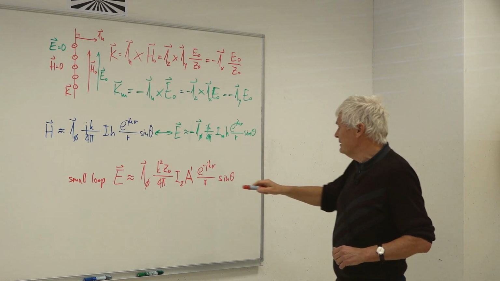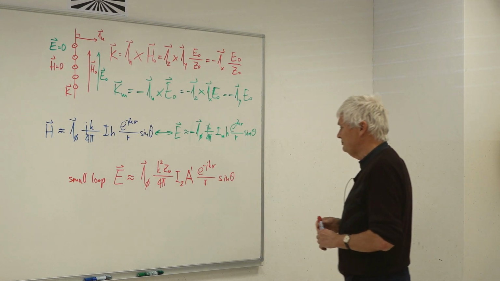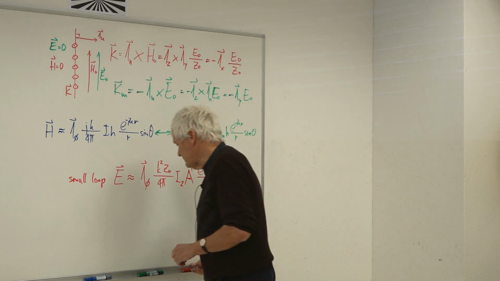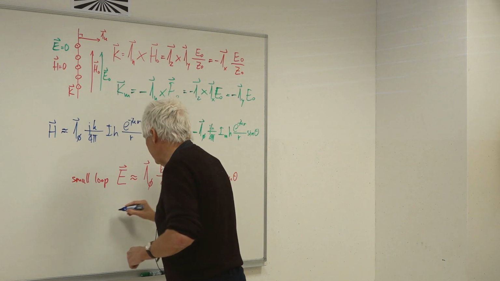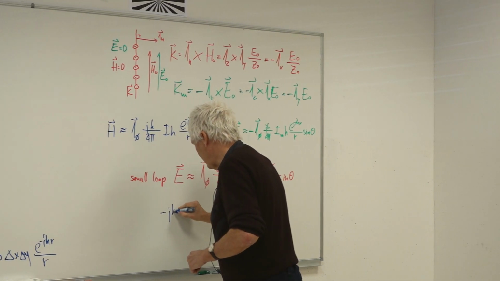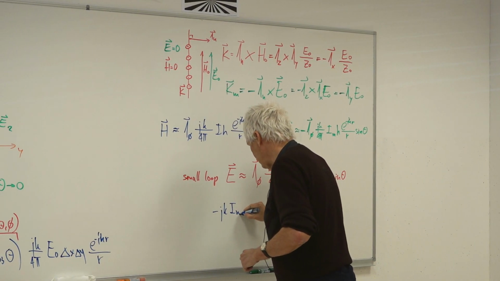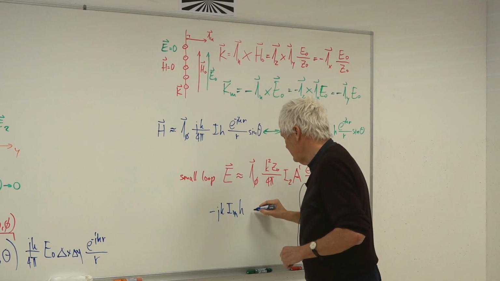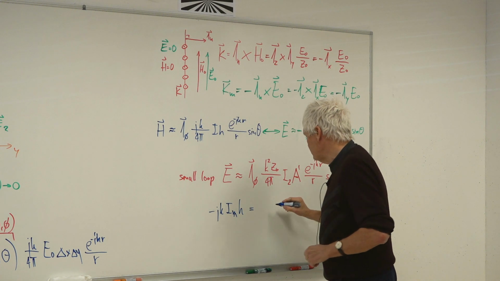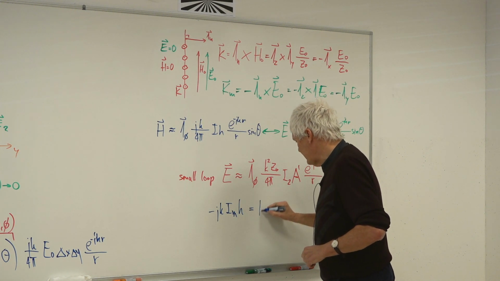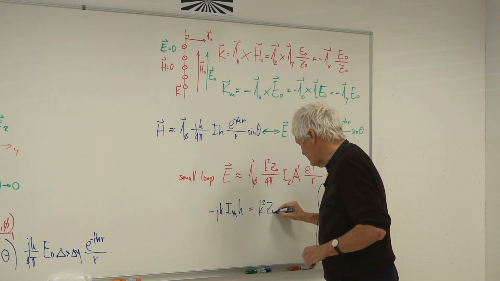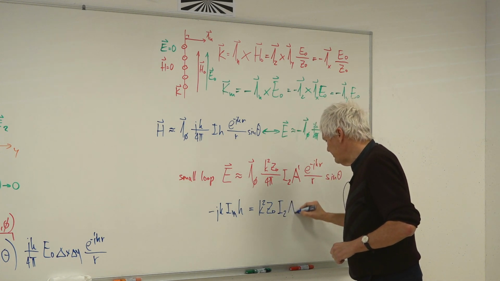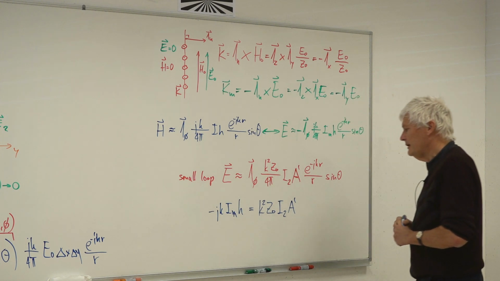If we compare the terms right now, what happens? So minus jk E magnetic times h should be equal to k squared z0, this I2, the area of the loop.